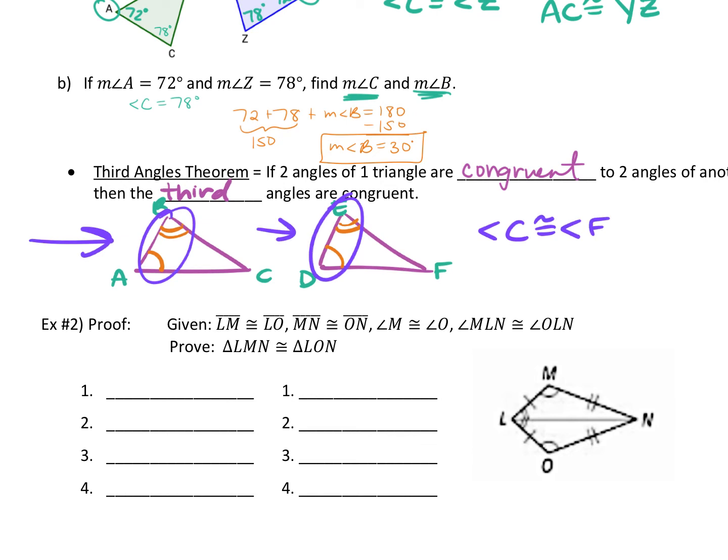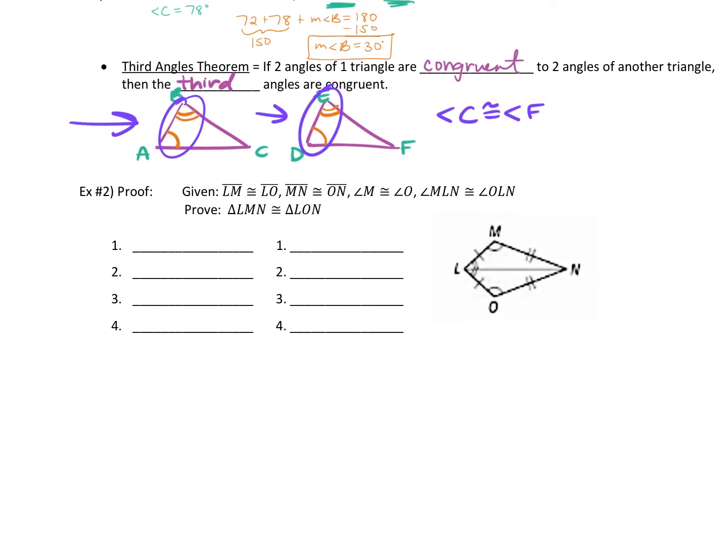They will be congruent. Not if the triangles are congruent, if the other two angles are congruent. Okay, so that's called the third angles theorem. If you know two, then you know the third will be congruent also.